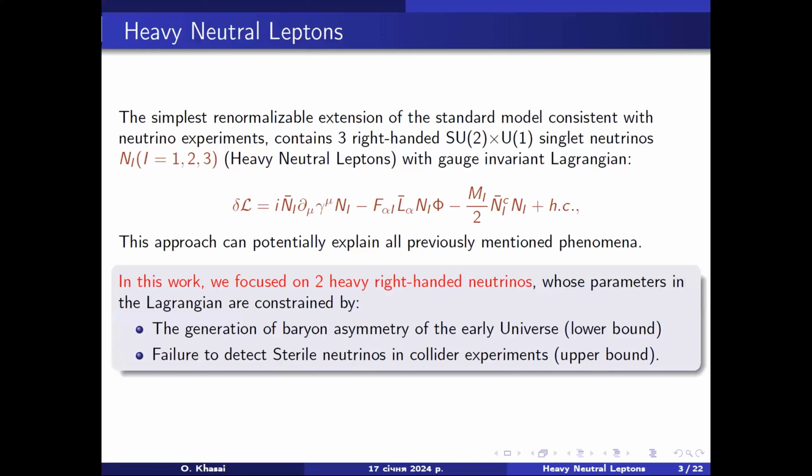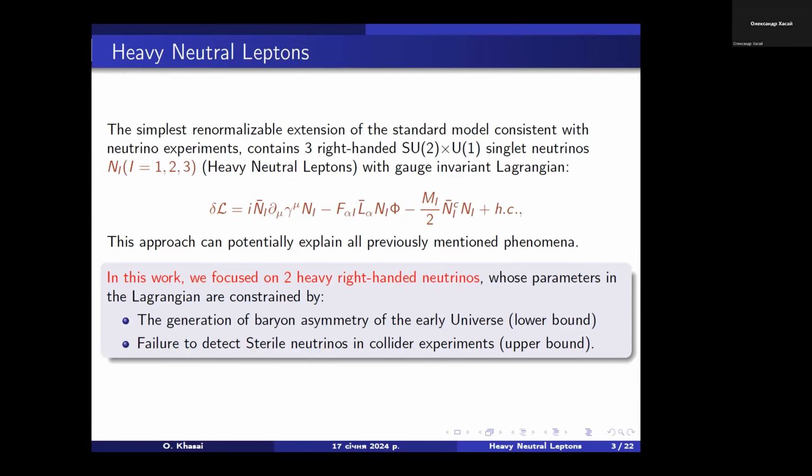In this model, we introduced three sterile neutrinos. First of all, neutrino oscillation: just by the fact that there are right-handed neutrinos, we can explain neutrino oscillation. Then of these three sterile neutrinos, we have one that is relatively light and two that are relatively heavy. The relatively light one is a candidate for a dark matter particle.